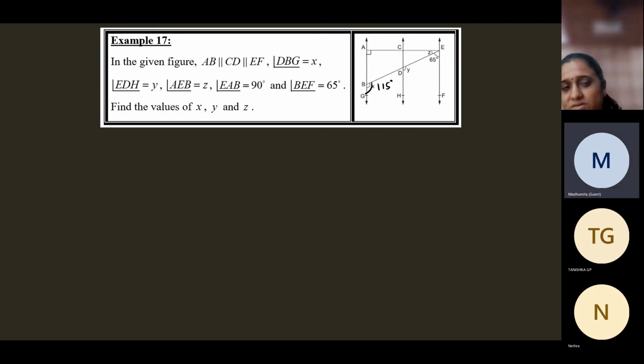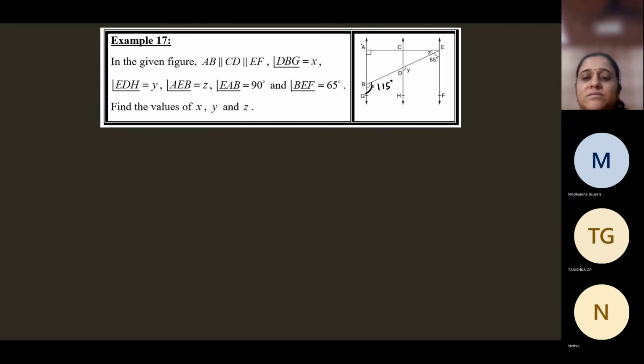115, ma'am. Reason? Corresponding angles. Which are the parallel lines? AB and CD, ma'am. It's given. You can say AB or AG, since AG is an extension of AB. So AG is parallel to CH also, because CD has an extension.